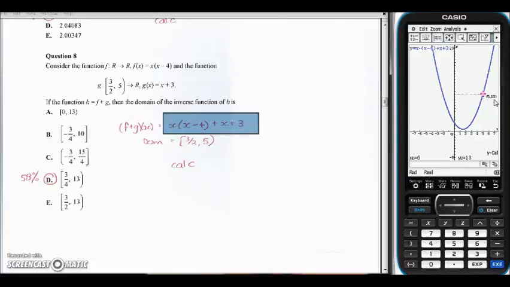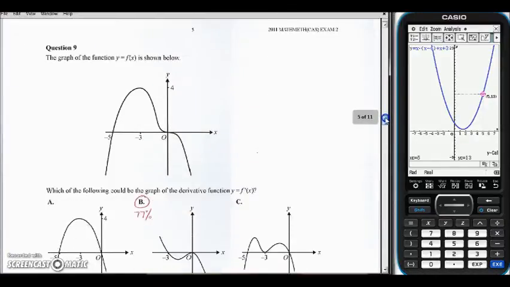So my range of h is 0.75 to 13. So the domain of the inverse is 0.75 to 13. And if we were confused about whether or not we need a square bracket or a curly bracket, it actually doesn't matter because there's only one that has 3/4 and 13. So the brackets are irrelevant.